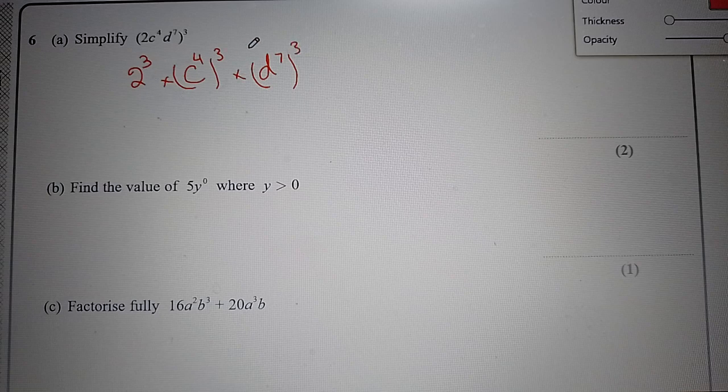Now we're going to apply the third law, this one: a to the power m, and the whole power is n, becomes a to the power of m times n. We're going to apply this law, right? So 2 to the power 3 means we're going to multiply 2 three times.